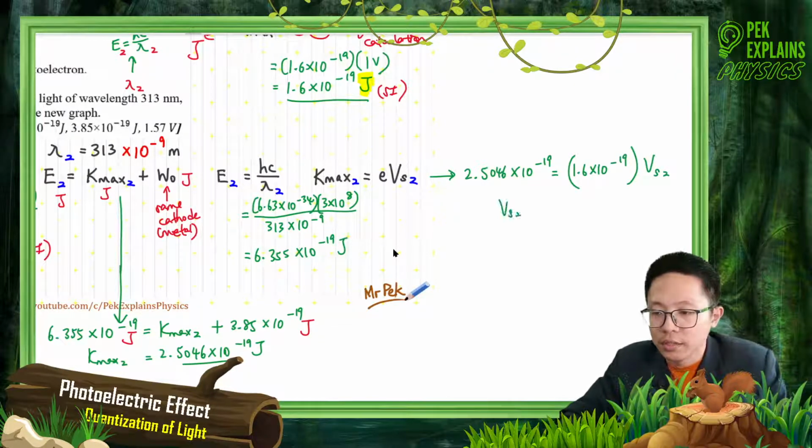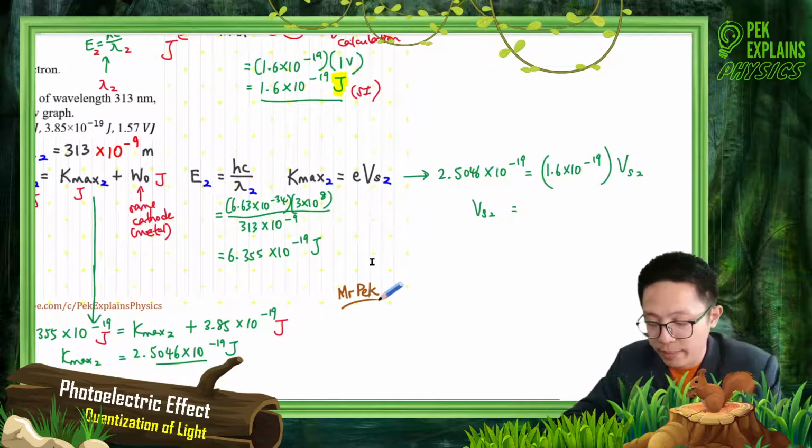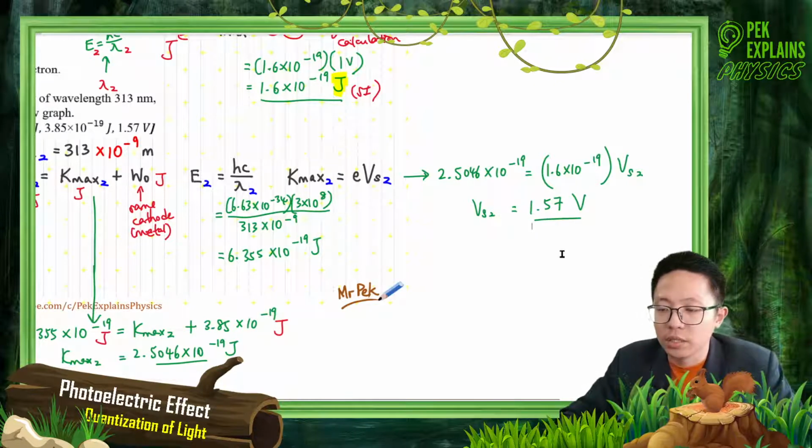So Vs is equal to 2.5046 exponent negative 19 divided by 1.6 exponent negative 19. The final answer is 1.565, which is 1.57 volt. So the stopping voltage is 1.57.